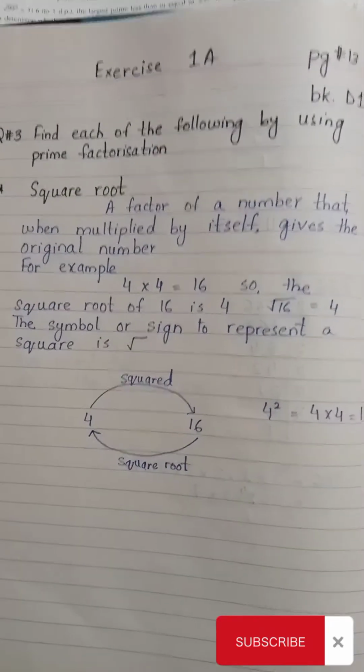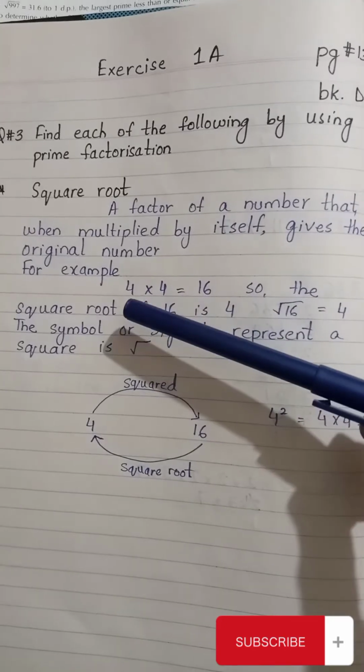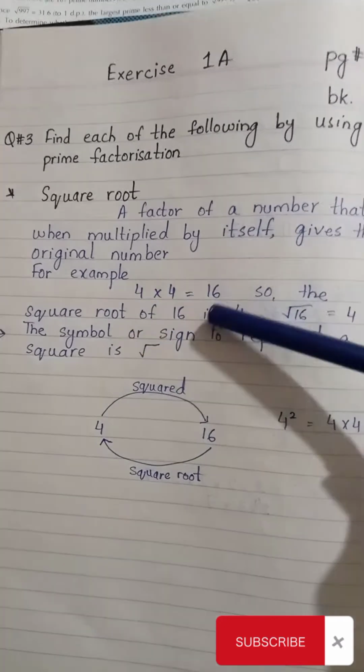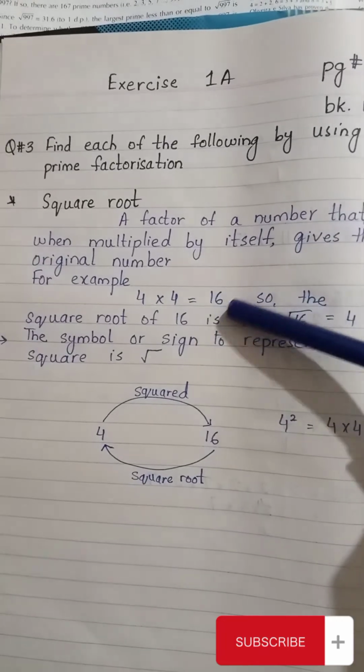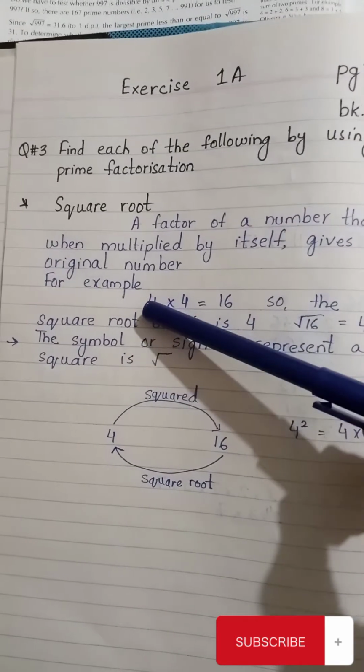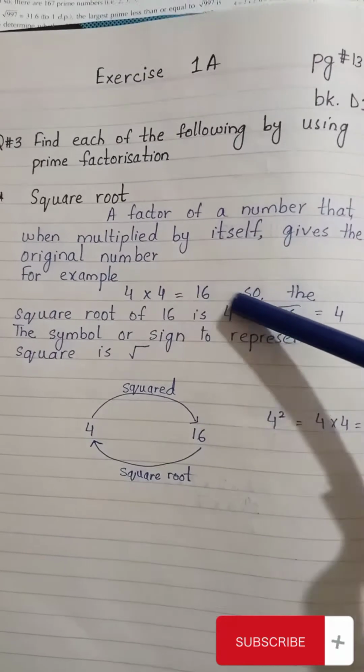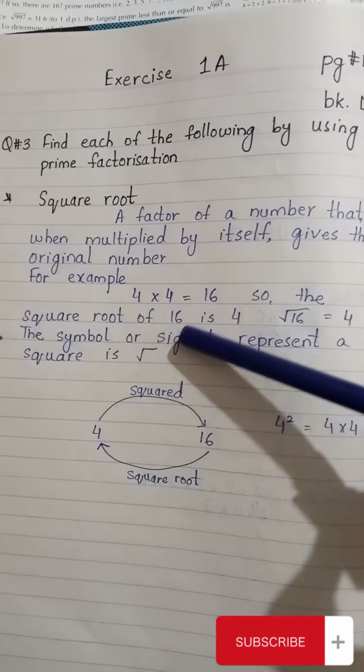For example, if we multiply 4 by 4, 4 is a factor of 16, and 16 is the original number. When you multiply 4 by itself, 4 fours are 16. So that is the square root of 16.